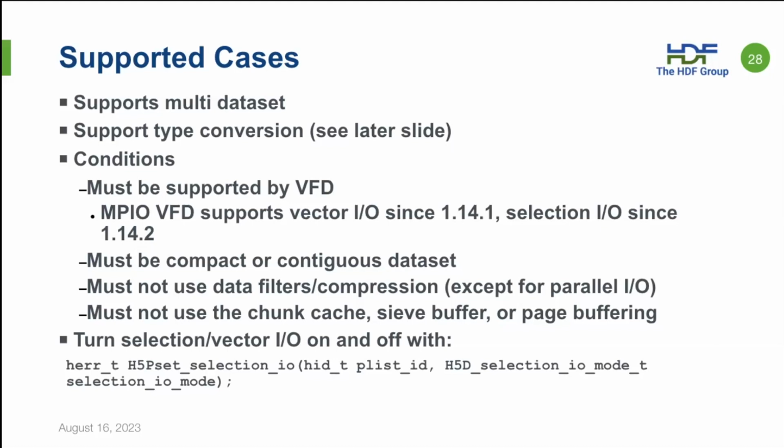And we also have this API for turning it on and off, and that's kind of best effort. So if you request it's on, but one of these things prevents us from turning it on, it'll still be off. And we do have introspection routines for this to let you know why it didn't turn on. And we'll have an introspection routine soon for if it turned on or off.